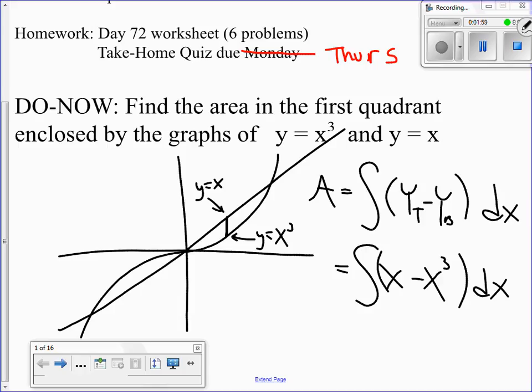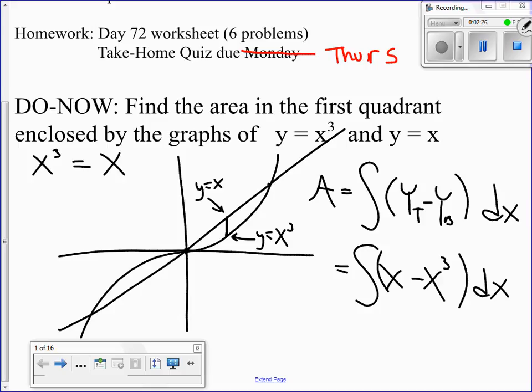And for the limits of integration, you want to add up these rectangles starting from the smallest x coordinate to the greatest x. And when you want to find out where two curves intersect, you've got to set them equal to each other, right? So for the limits of integration, what y equals on one curve is x cubed, and on the other, it's x.